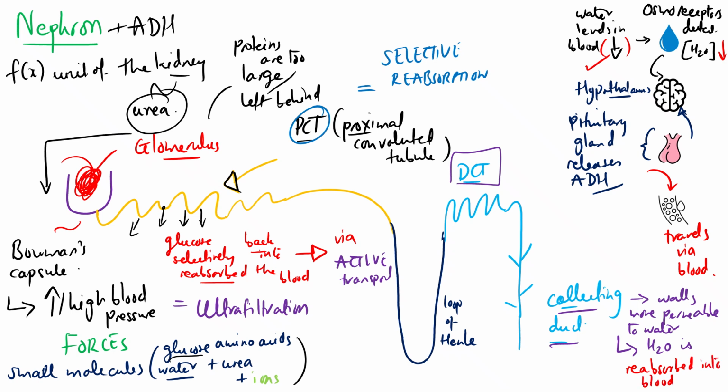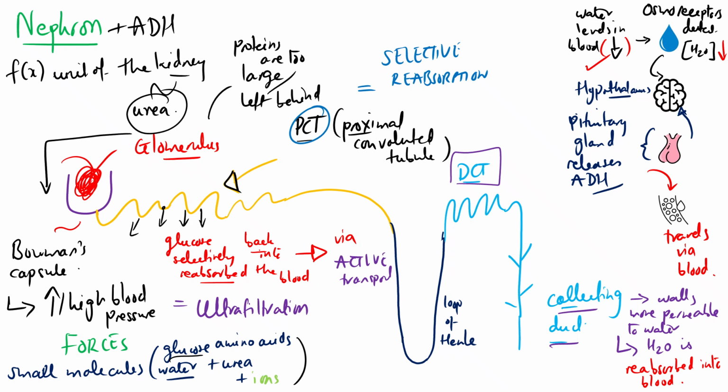So if you ever eat something salty, like salty crisps, you're going to have low levels of water in the blood. As a consequence, ADH is released and your collecting duct wall is more permeable to water, so that water is more reabsorbed into the blood. By what process? High to low, partially permeable membrane, begins with O, exactly, osmosis.